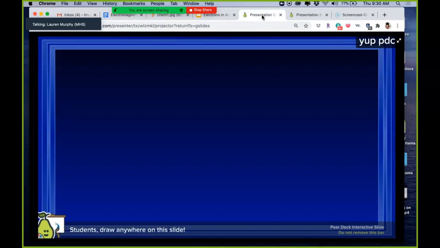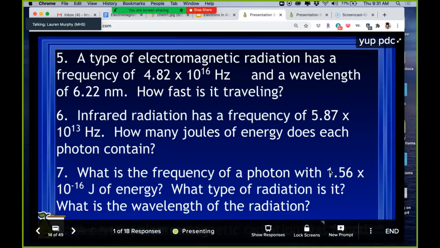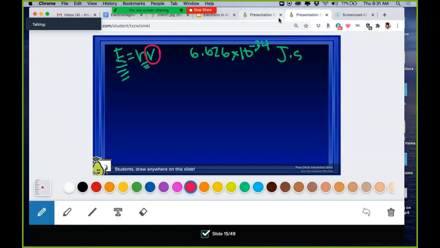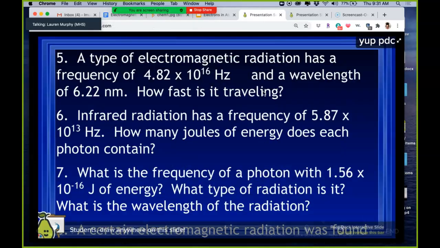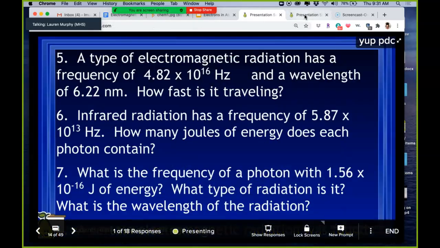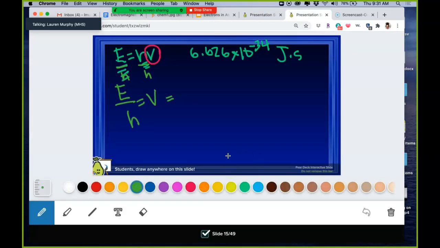So let's go back. It's 1.56 times 10 to the negative 16th joules of energy. So if I rearrange to solve for this, E divided by h is frequency. We divide both sides by h to get the frequency by itself. So E is 1.56 times 10 to the negative 16.